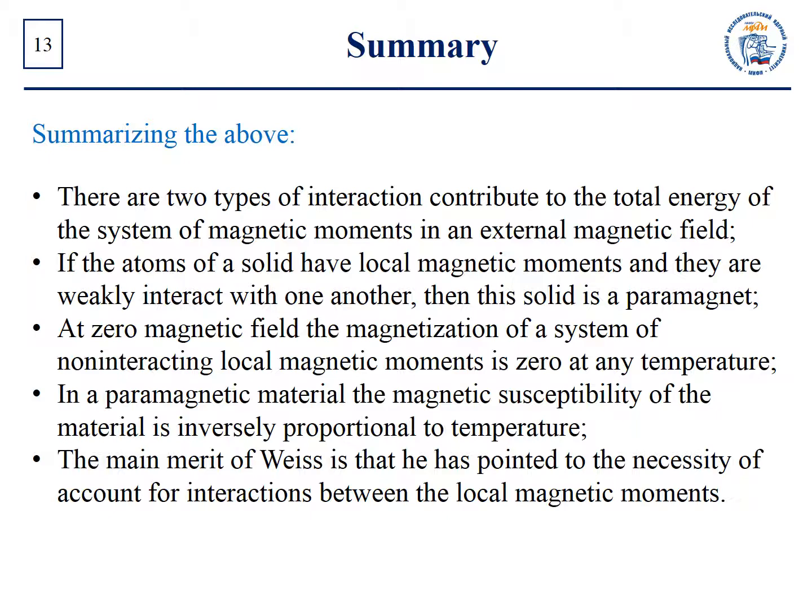Thus, it is necessary to take into account the interactions between magnetic moments in a solid. Weiss was the first who understood the necessity of accounting for interactions between the local magnetic moments. But his theory cannot explain the high Curie temperatures of ferromagnets. Below we shall see how such interactions naturally arise when the problem is treated quantum mechanically.